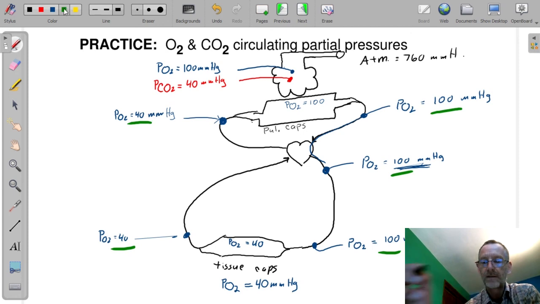And for carbon dioxide, the partial pressure of CO2 in the lungs was, again, coincidentally, 40. No, let's make it 45. Sorry, because this is 40. So the CO2 has to go from 45 to 40.